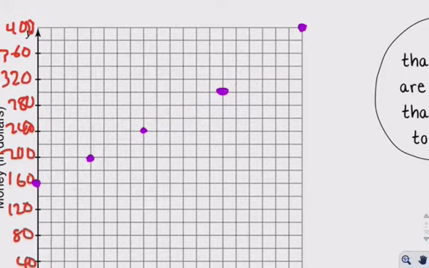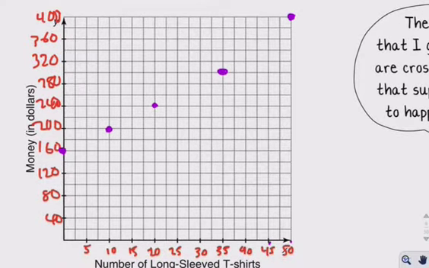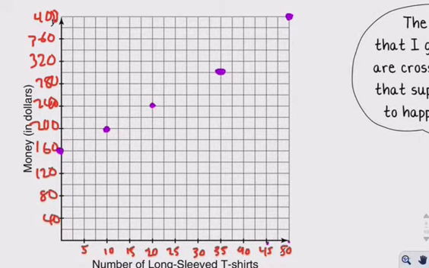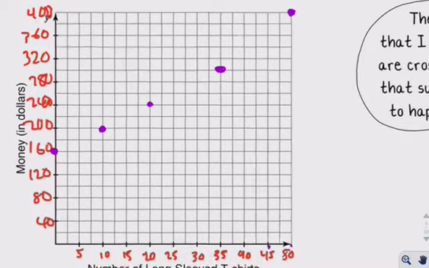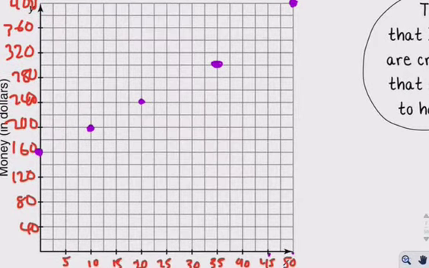Well, it's not straight. Did I do it right? Because it should be a nice straight line. 35, 300, yep. Did I count right? I think so. Why does it look off though?